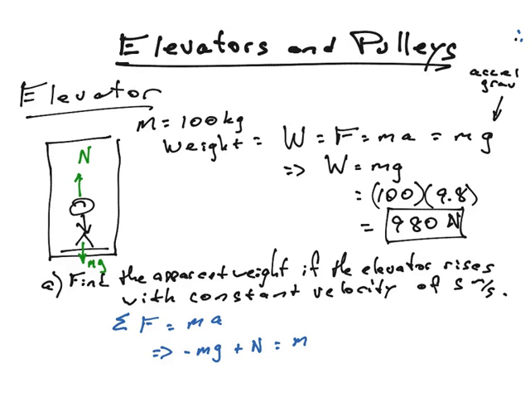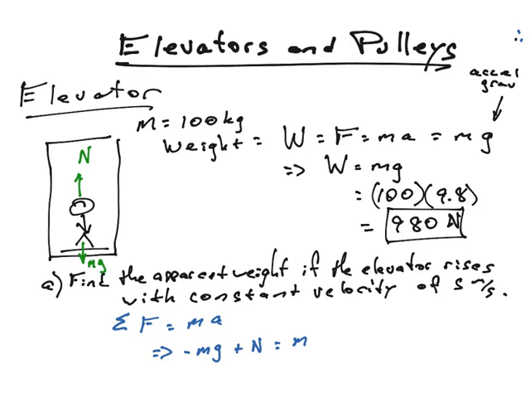Well, the problem says specifically I'm moving at constant velocity. Whatever the velocity is doesn't matter. The fact that it's constant means my velocity is not changing. It's 5 and it stays 5. Well, acceleration is a change in the velocity.